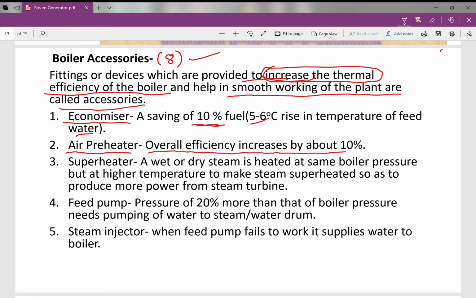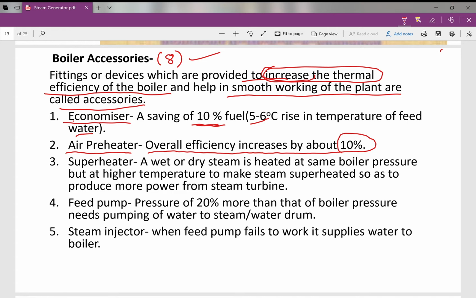Due to this, the overall efficiency of the boiler increases by about 10% by providing an air preheater which supplies hot air to the boiler. I will later on show you the layout of a power plant where all these are mentioned: economizer, air preheater and other devices.